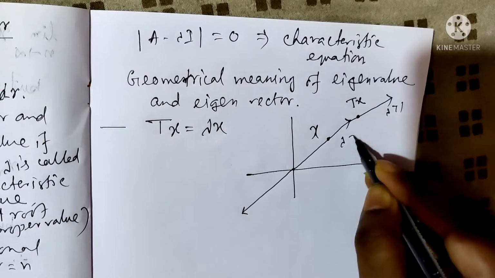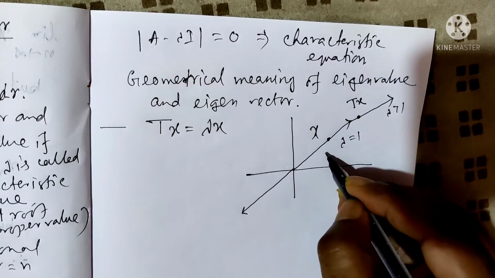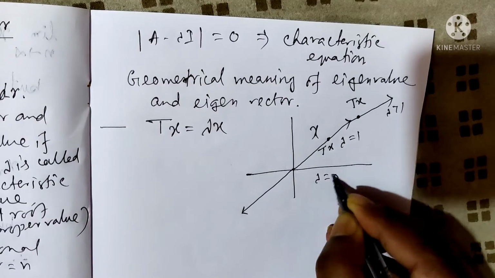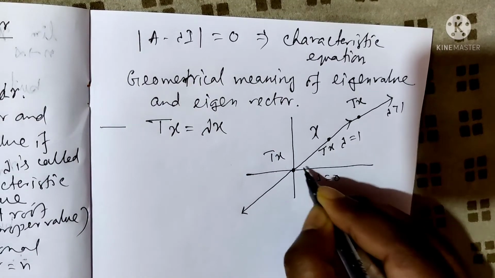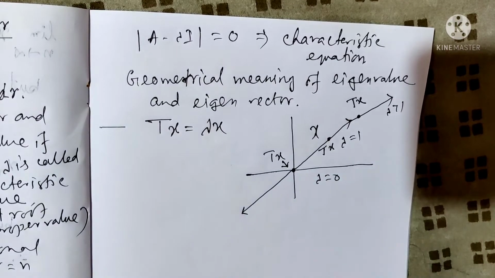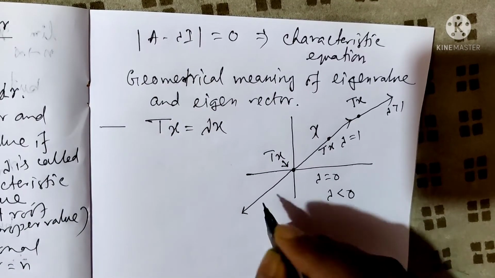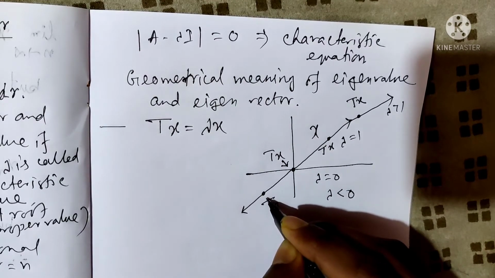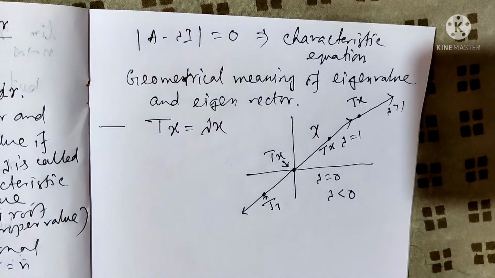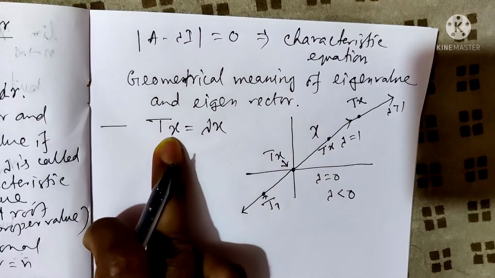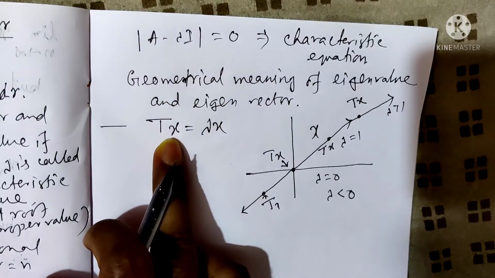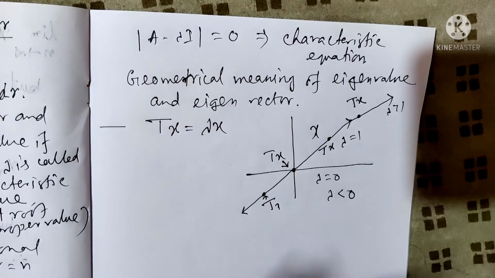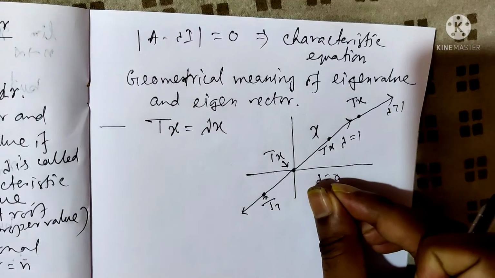If lambda equals 1, then x equals T x. If lambda equals 0, then this is T x. If lambda is less than 0, then this is T x. That is, if x is an eigenvector and lambda is an eigenvalue, then it is always either translation or contraction.